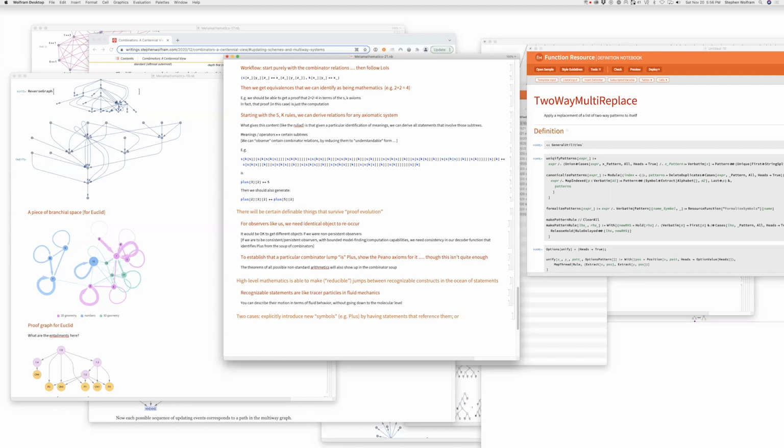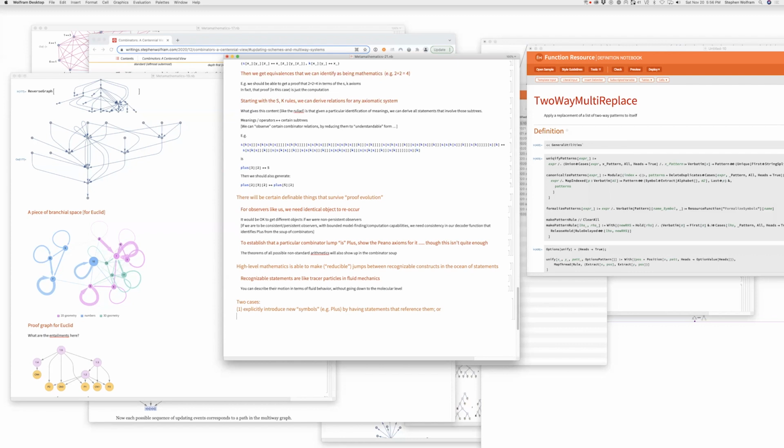Or two, have these things arise naturally and then identify certain lumps as plus.